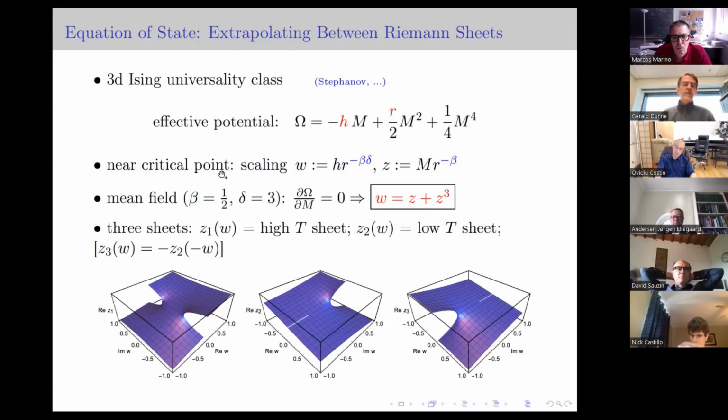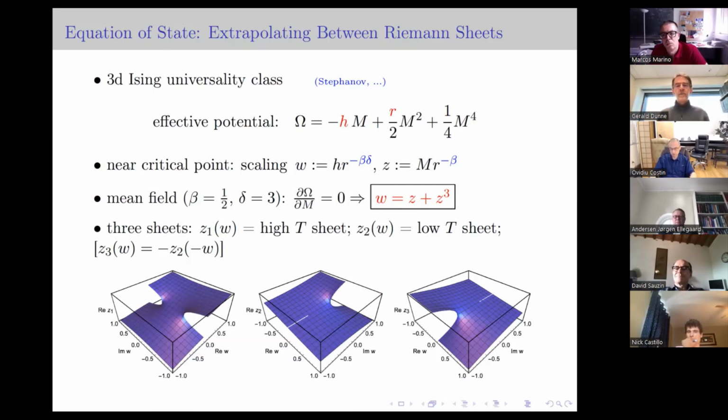And near the critical point, this generic fourth order polynomial has a nice scaling relation. So in what's called a mean field approximation, this can be rescaled so that minimizing the effective potential just becomes this simple cubic equation. If all that sounds like gobbledygook to you, don't worry about it.